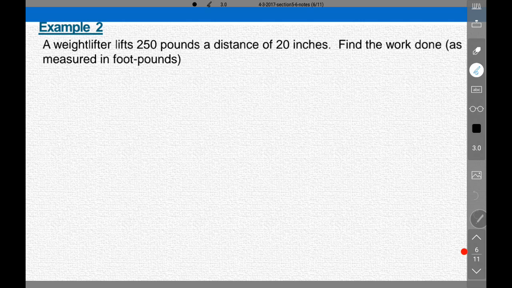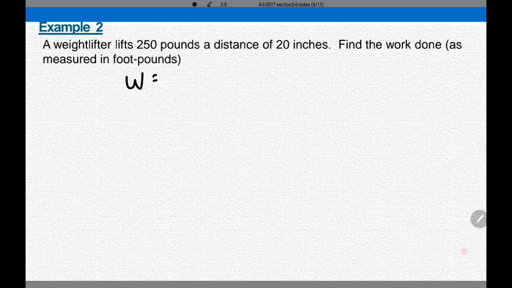Alright? Same kind of idea here. Now, since the weightlifter is lifting 250 pounds a distance of 20 inches, the work done is measured in foot-pounds. This is actually a lot easier because we don't even really need the integral here.